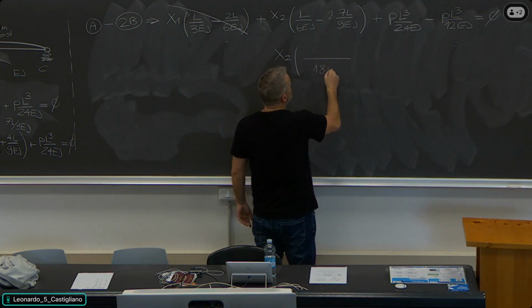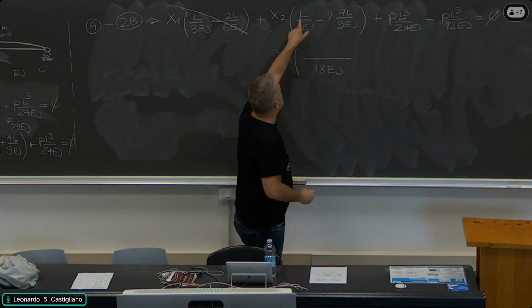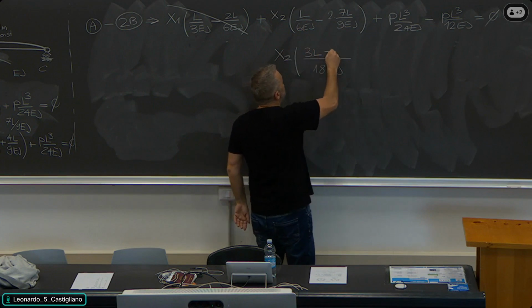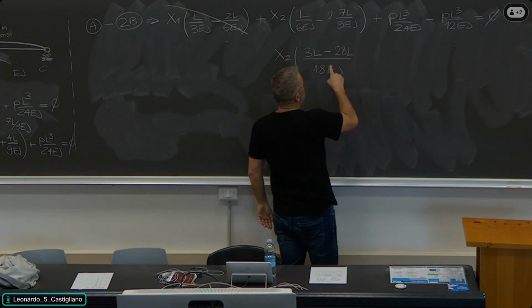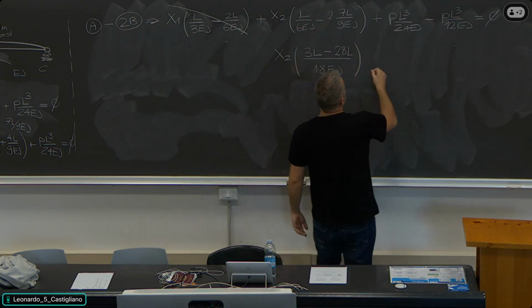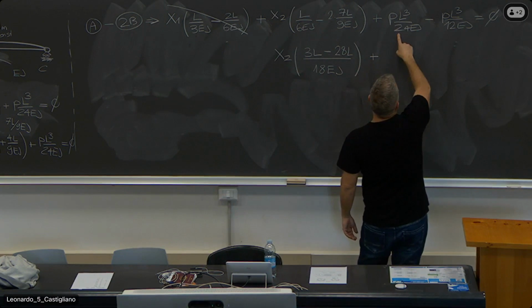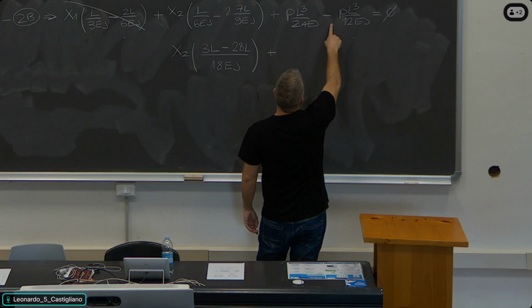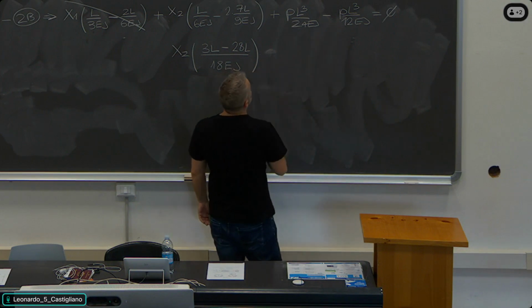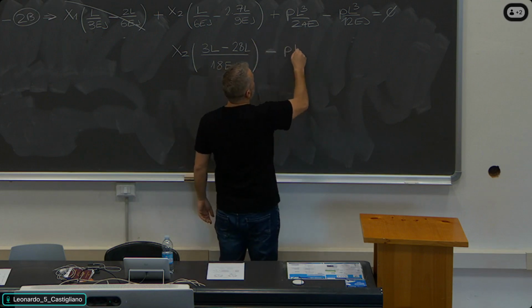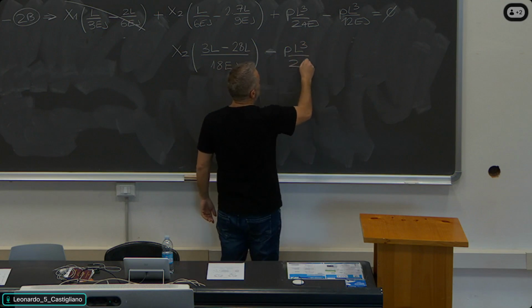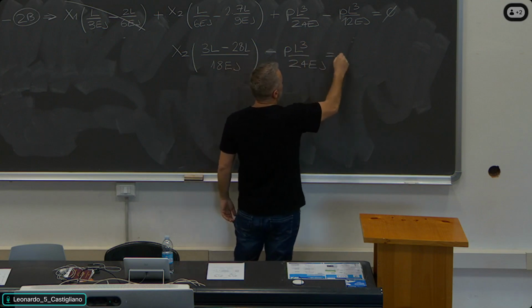I have to put 18 here, EJ. So this becomes 3 minus this would be 14, so it becomes 28 when I put it to 18. Okay? Plus PL to the power of 3 divided by 24 minus PL to the power of 3 divided by 12 is what? It's clearly minus PL3 divided by 24EJ equal 0.